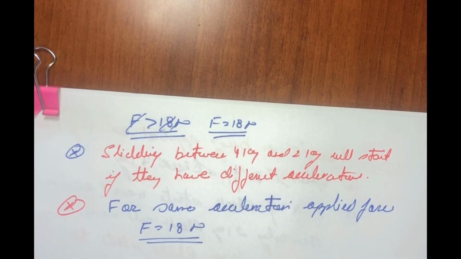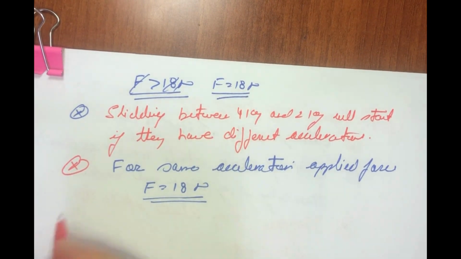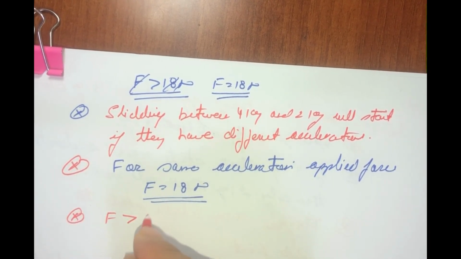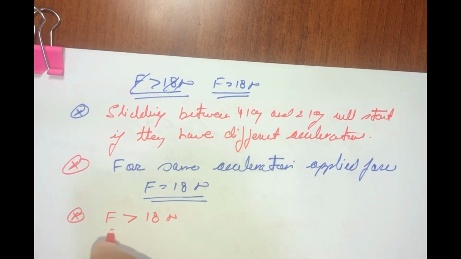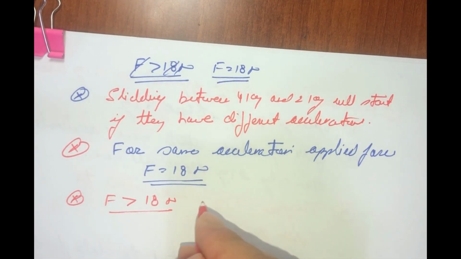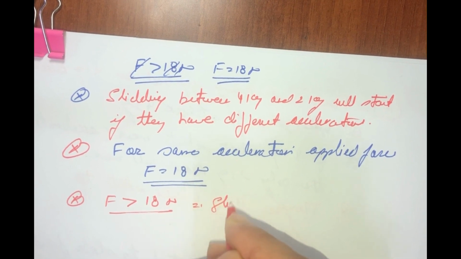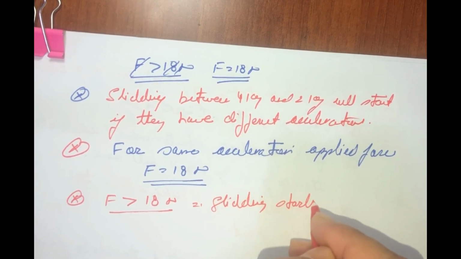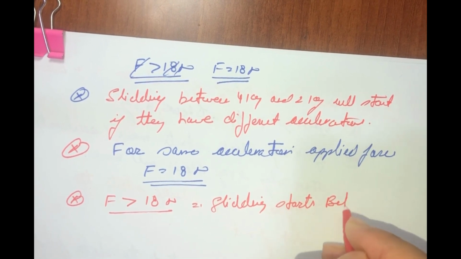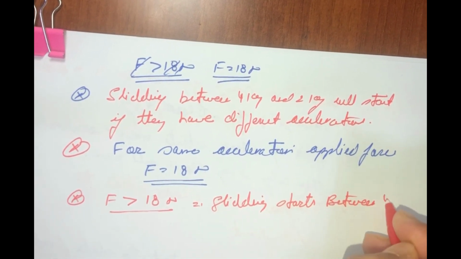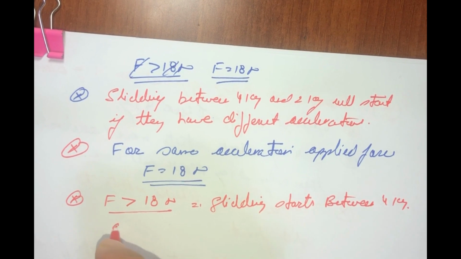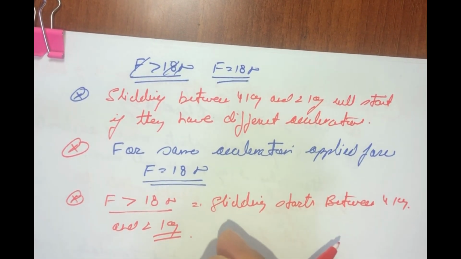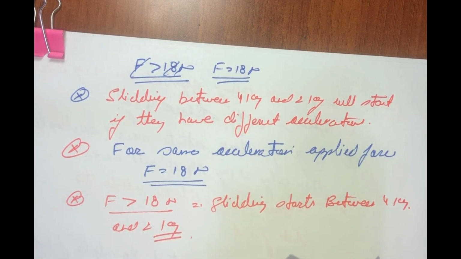So it means that as soon as F becomes greater than 18 Newton, sliding starts between 4 kg and 2 kg. Okay. Sliding starts between 4 kg and 2 kg.